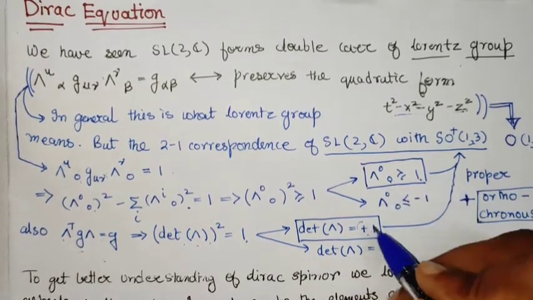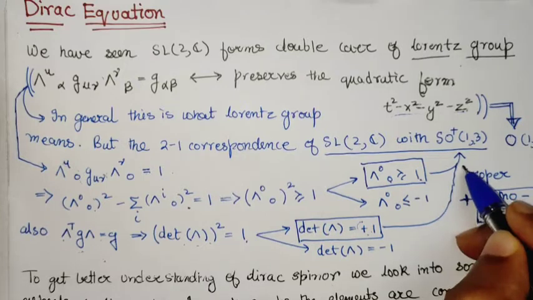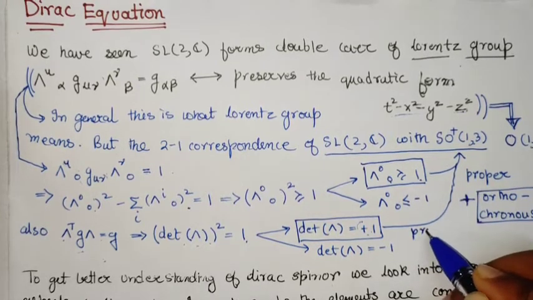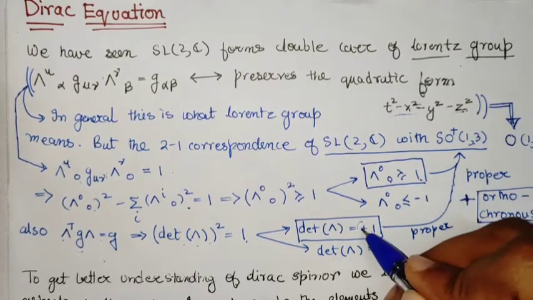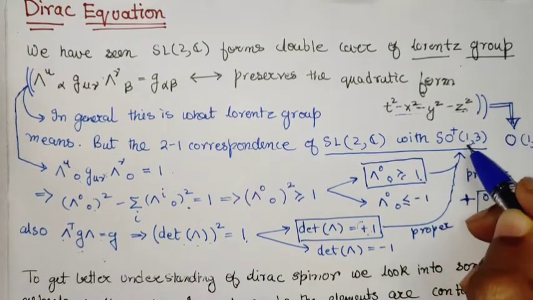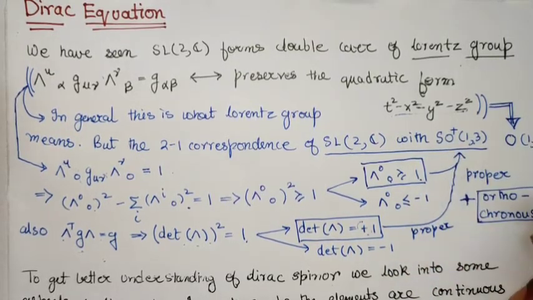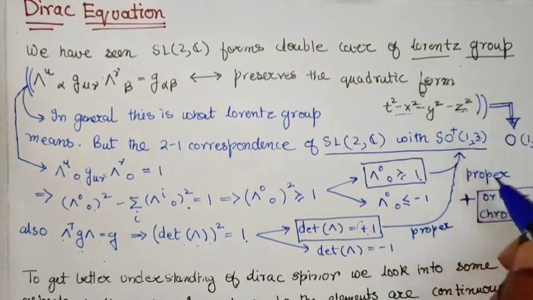With these two constraints, this one saying it is proper and this one orthochronous, it is the proper orthochronous Lorentz group that we are working in, and the name is SO plus (1,3).